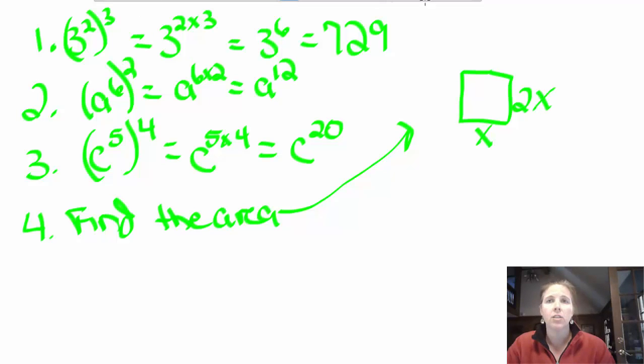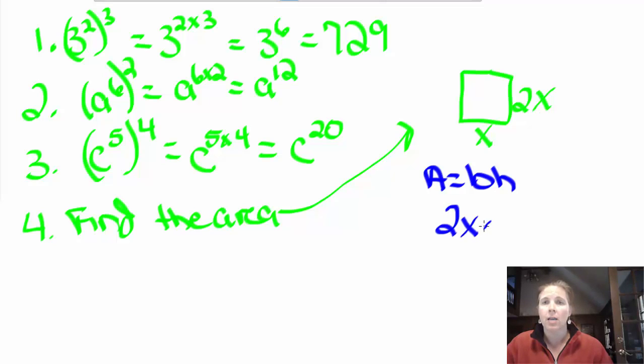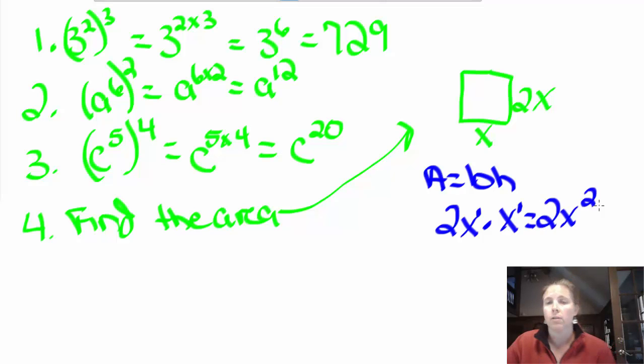So if I ask you to find the area of this, remember, area is just base times height, or length times width, however you want to think about it. So it's going to be x times 2x, or 2x times x. Remember, these are both to the first, so you just add the exponents together, 2x squared.